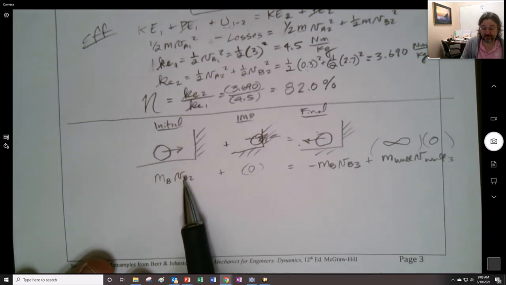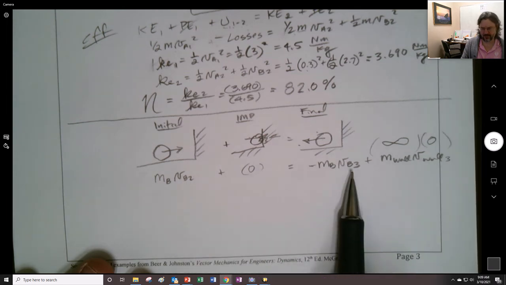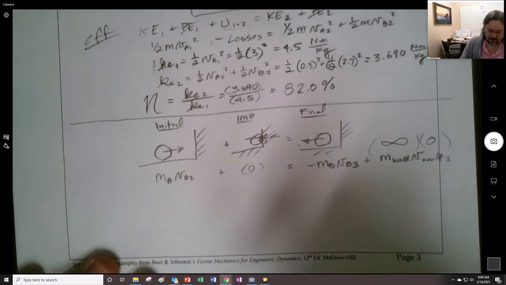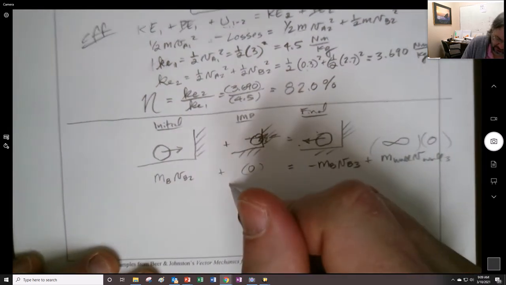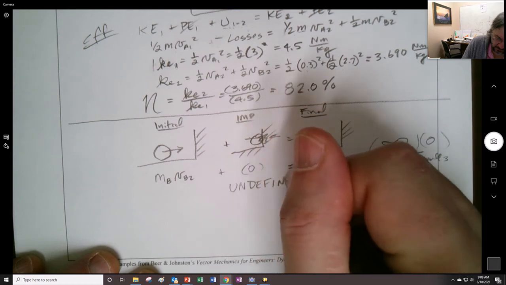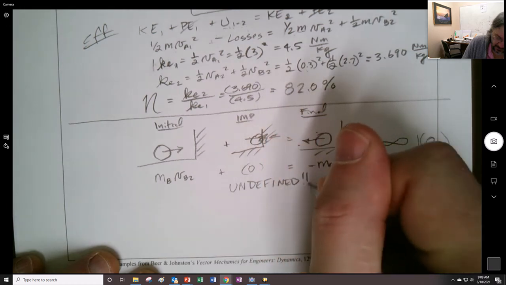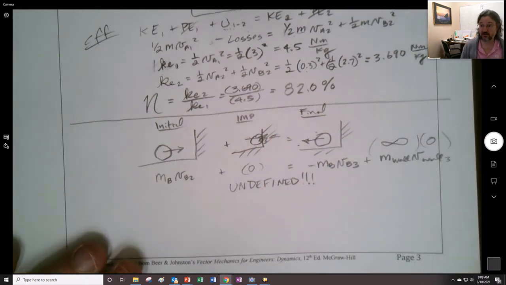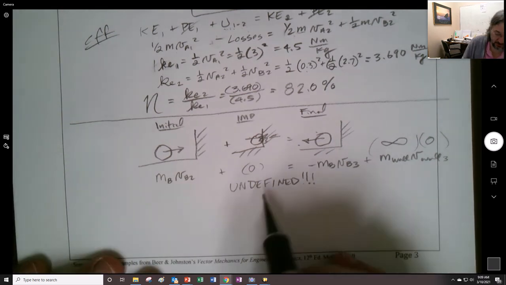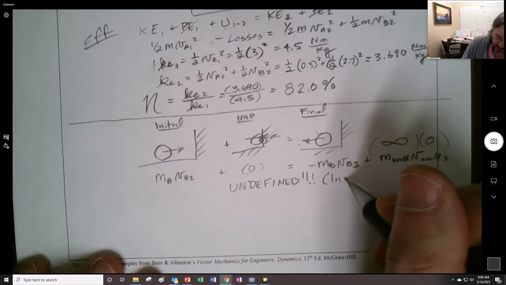And our answer would be, does the velocity equal the velocity? It can't be negative, right? So this is undefined right here. Can't be done. So we can't use the conservation of momentum here. It's indeterminate.